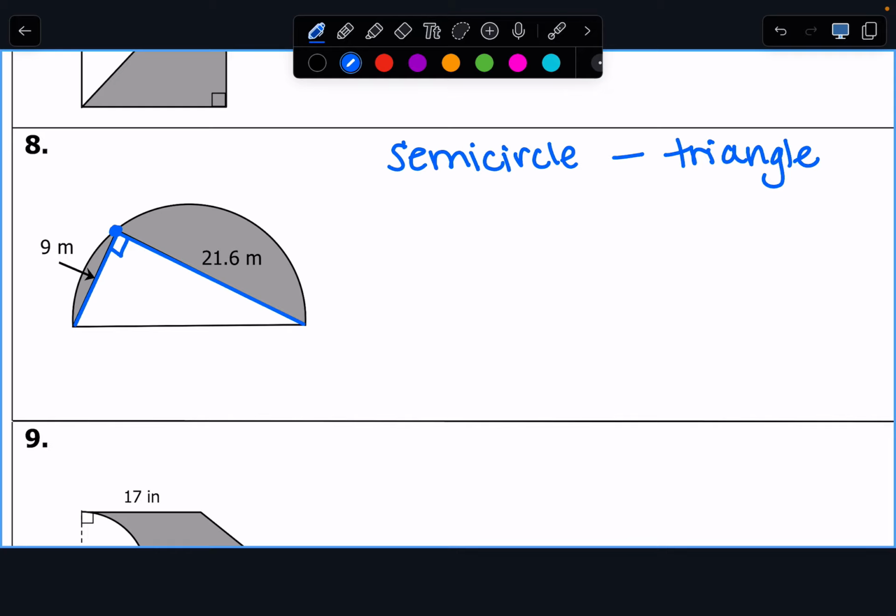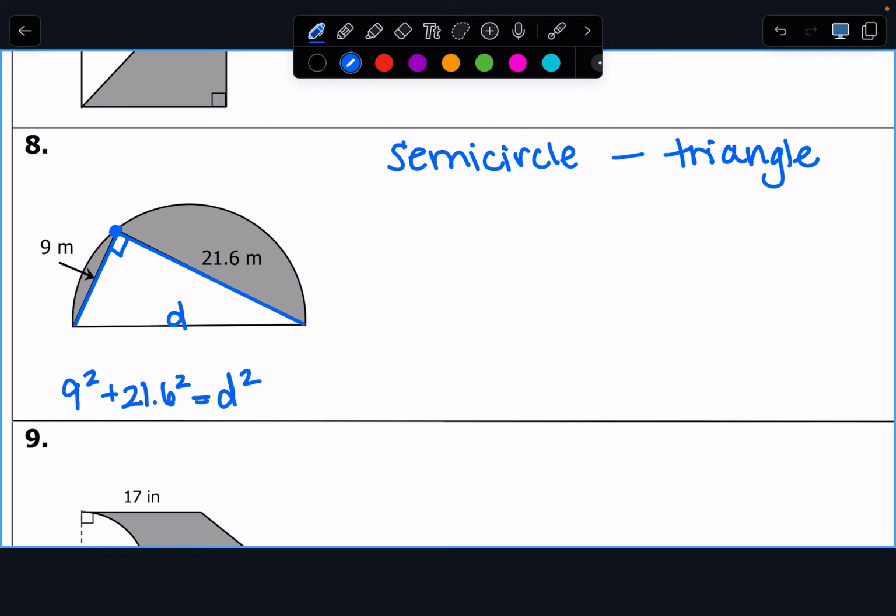Okay. So 9 squared plus 21.6 squared equals our diameter squared. 81 plus 547.50. Square root it.